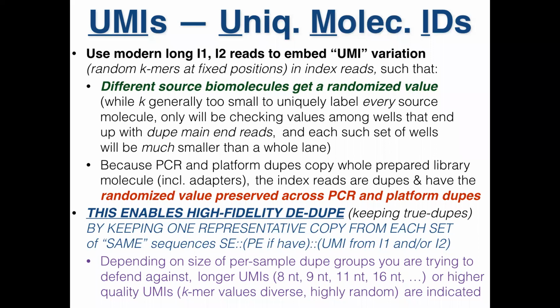So that's the idea. This will enable high fidelity deduping, meaning we keep every true read. Cases that we used to have as ambiguous, where we weren't sure what to do, the sequence matched, it looks like a dupe, but we're still not 100% sure whether it's really a true or a false duplicate.